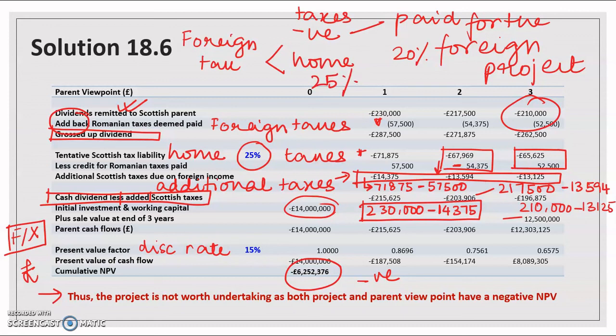In that case, the incremental 5% difference has to be adjusted for, which is why the numerical asks you clearly to show all the tax differences.